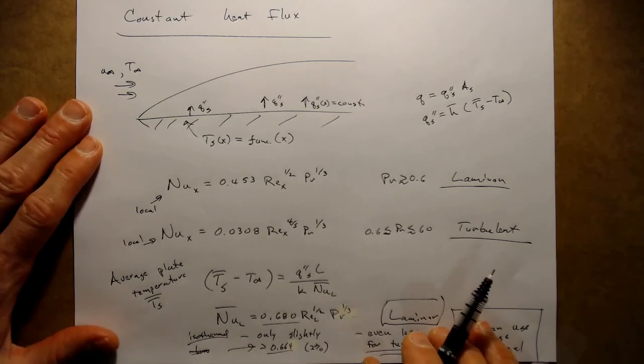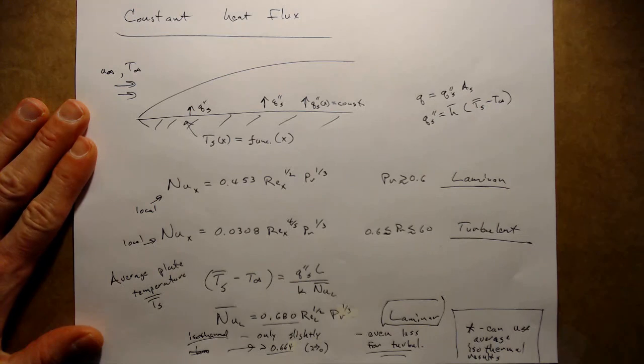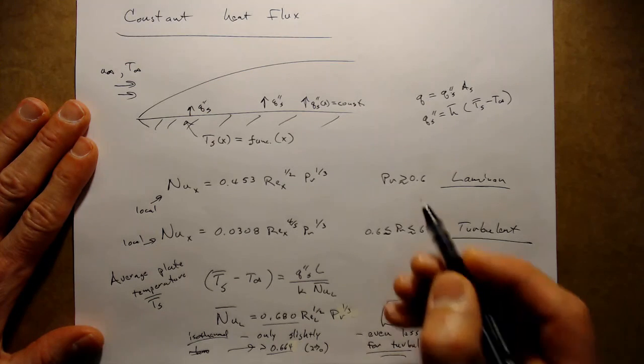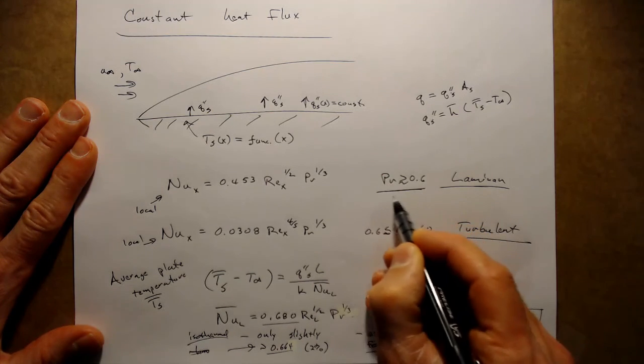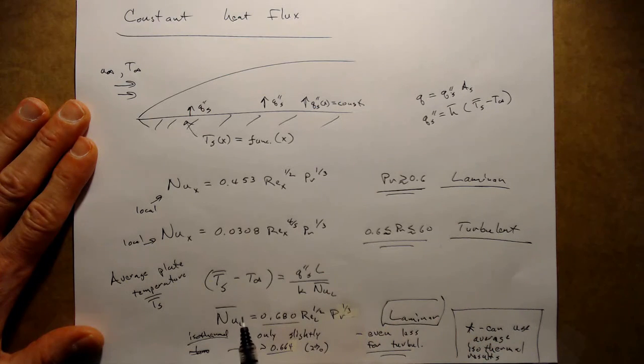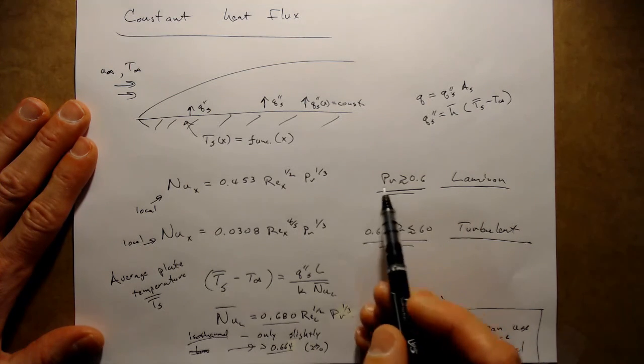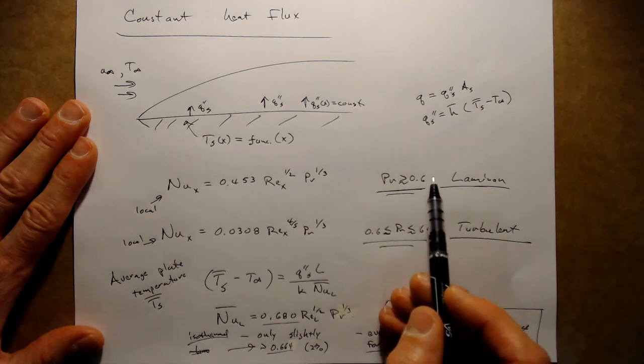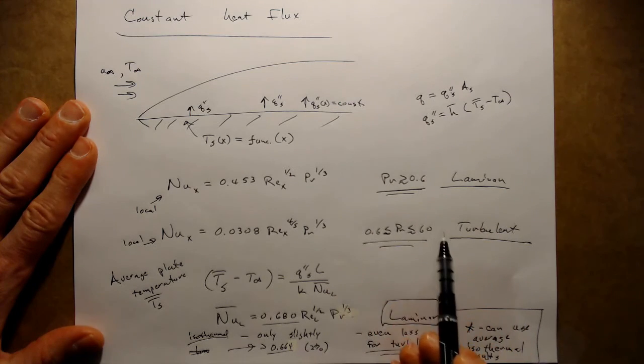We want to make a couple more notes before we finish off with the flat plate in parallel flow. And that's that we want to note that these correlations always have limitations on them. It's important to pay attention to all of the limitations and all of the conditions. Oftentimes these correlations are limited in terms of what ranges of Prandtl numbers they're valid for.